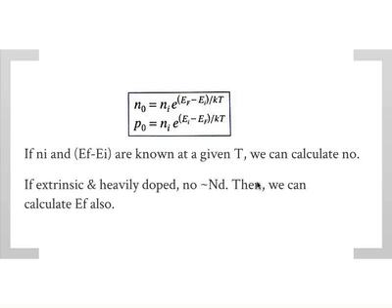Okay, so if you plot it, oh, one more thing before we plot it. This is important to actually do problem sets and so on, so let me just point that out. We have this very simple set of equations. Now, if the Ni is known, which is the intrinsic concentration of carriers, electrons or holes, in some material, it's material dependent, silicon and gallium arsenide have different numbers, and the Fermi level relative to the center of the band gap, which is the intrinsic Fermi level, is also known at a given temperature, then we can calculate how many carriers are there.